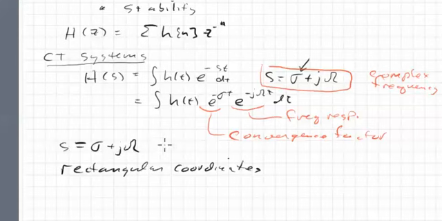Because time in discrete time, n, is always an integer, it results in circular symmetry, but in continuous time there is no periodicity, so we use rectangular coordinates to describe the frequency variable here. And just remember that whenever sigma is equal to 0, we get the discrete time Fourier transform, and we get the frequency response for continuous systems.